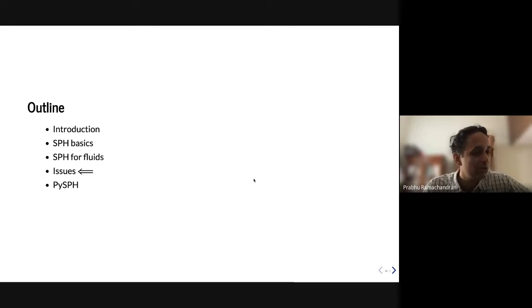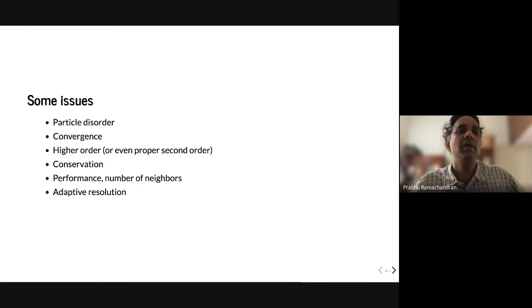All right, so we have about 15 minutes, so I'll just quickly try to wrap up. So what are the outstanding issues? Again, I have only one slide on this. I'm going to spend some time talking about this. As I said before, one of the big issues is particle disorder. This is a massive problem simply because your accuracy relies on having reasonably uniform particles.